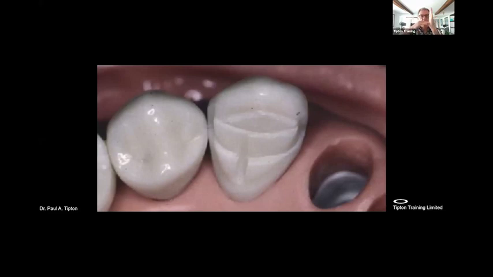It's a physical impossibility for that bridge to displace apically. The only way it could displace apically would be 2 ways. Number 1, for whatever reason, the bridge is distorted. Number 2, the underlying part, underneath the rest seat, this part of the tooth or that part of the tooth has fractured away. So I've created resistance form, which means the bridge cannot displace apically.